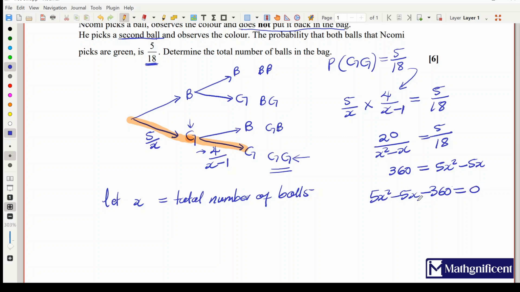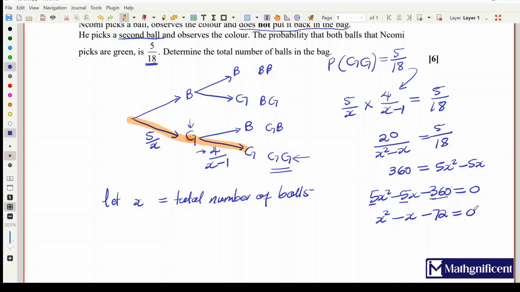And then looking at the values of a, b, and c, we can see that we have a common factor here, which is 5. So you can just divide everything in this equation by 5, so that we are going to be left with x squared, and then x, and then minus 72.